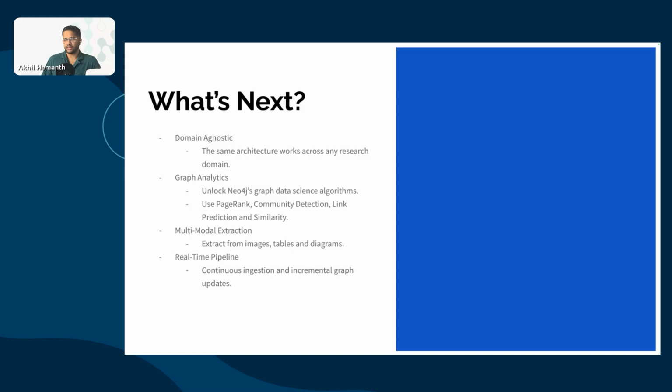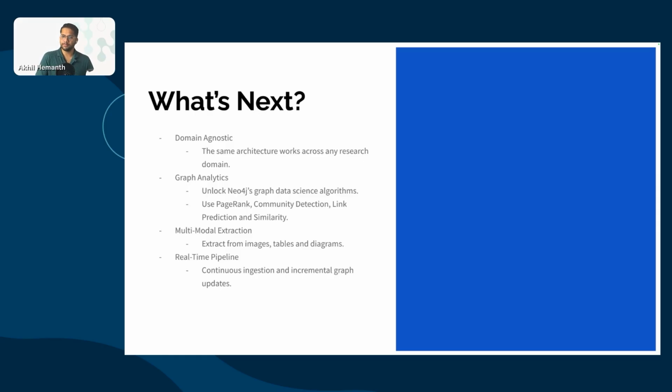For now, it's a great way to build the knowledge graph, but we want to push it more in terms of data science algorithms: page ranking, community detection, link prediction, and similarities across the nodes and relationships. Multimodal extraction is a big thing that we're looking into. Right now, it just does text and a little bit of tables, but we want to bring in images and videos and make it multimodal in terms of extracting the data.